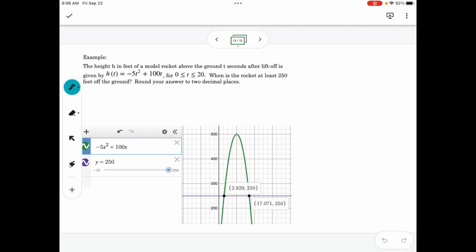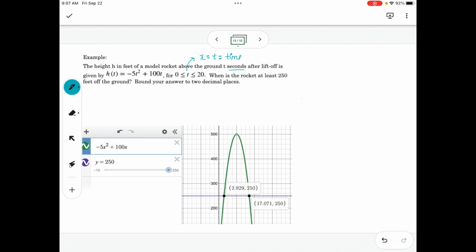When is it between? And notice here, we've got the same function. I've got negative 5x squared plus 100x on the left. And then down below, I've got y equals 250 because that is our location here. And notice in this particular example, our x values are represented in time. X equals t, which we know is representative of time, and it's in seconds.